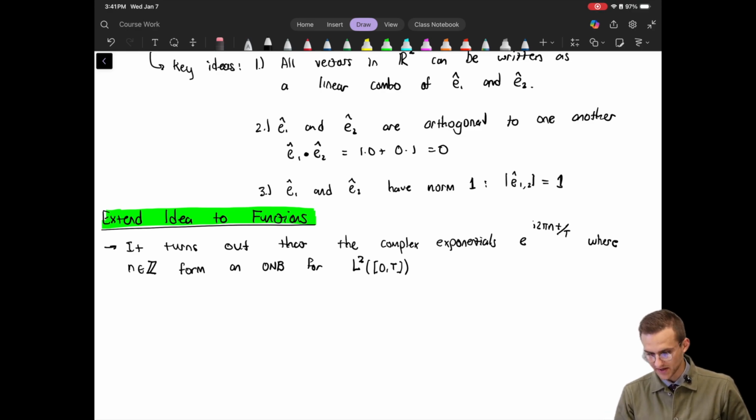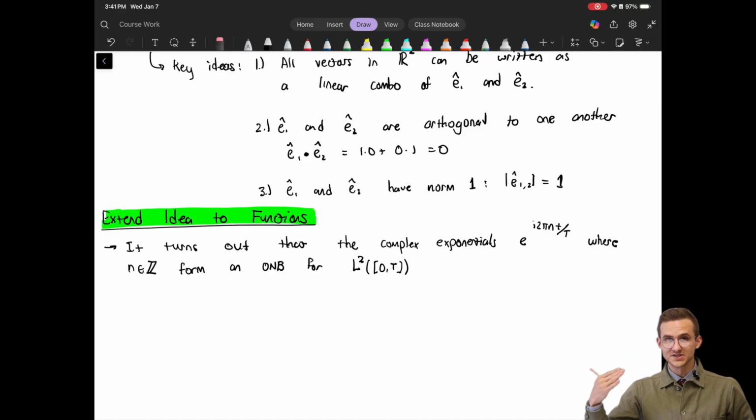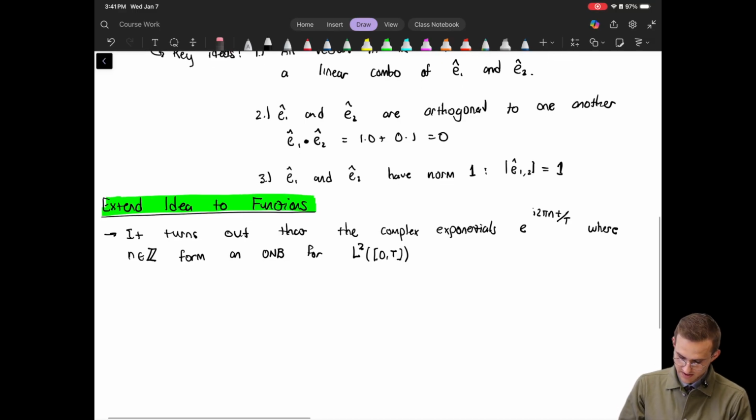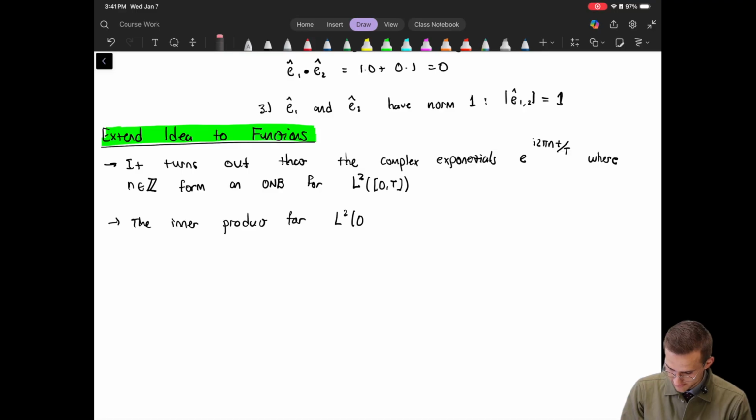And it's a little bit more complicated, right? Before, we just had two elements that spanned R2. Now we have function space. It's an infinite dimensional space, so we need a lot of basis elements to span that space. Okay, so the inner product for L2 on the interval from 0 to T is the following.